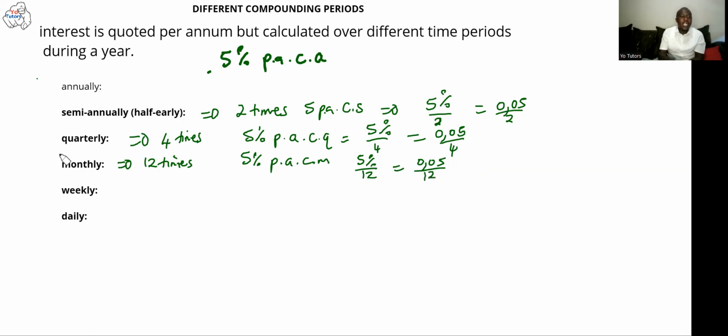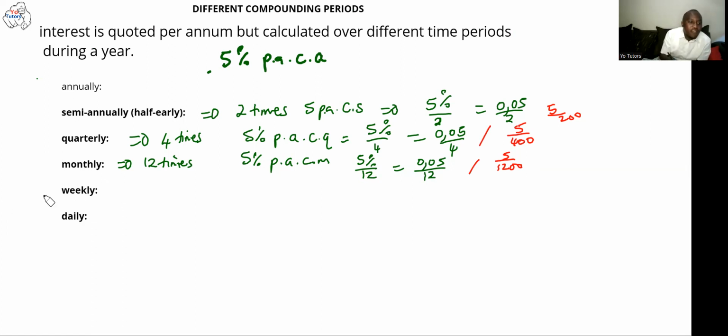And in some cases, you can see a percentage written like this, 5 over 400, or 5 over 1200, or 5 over 200. That's what it means. Still the same thing. You can put it in whichever way.